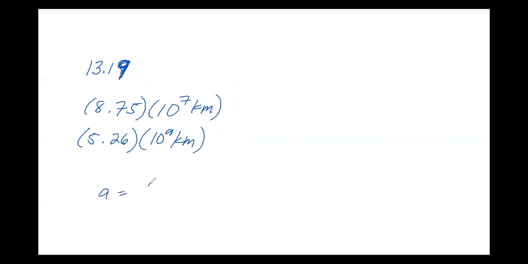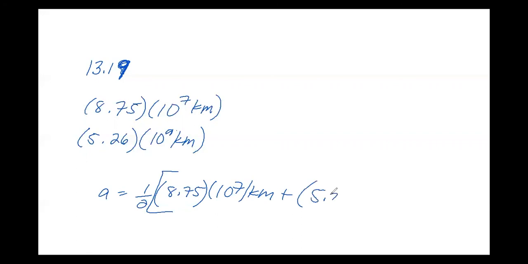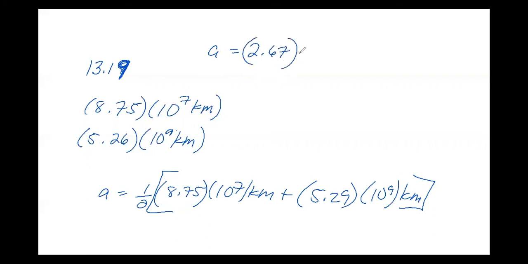So A equals 1/2 of 8.75 times 10 to the 7th km plus 5.26 times 10 to the 9th km, and A equals 2.67 times 10 to the 9th km.